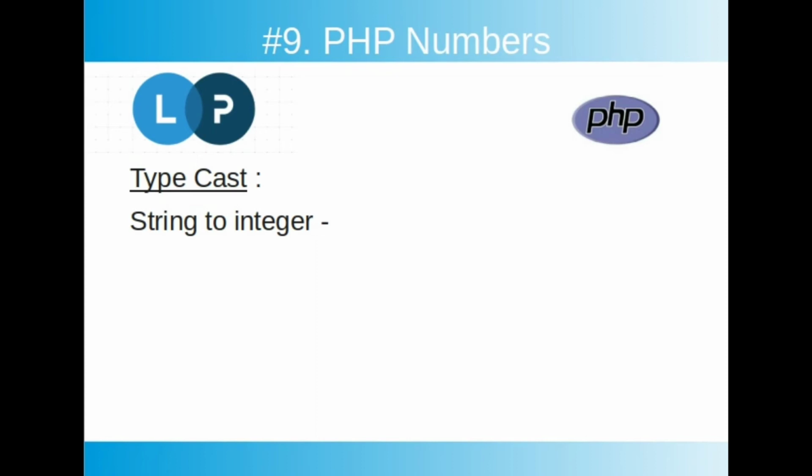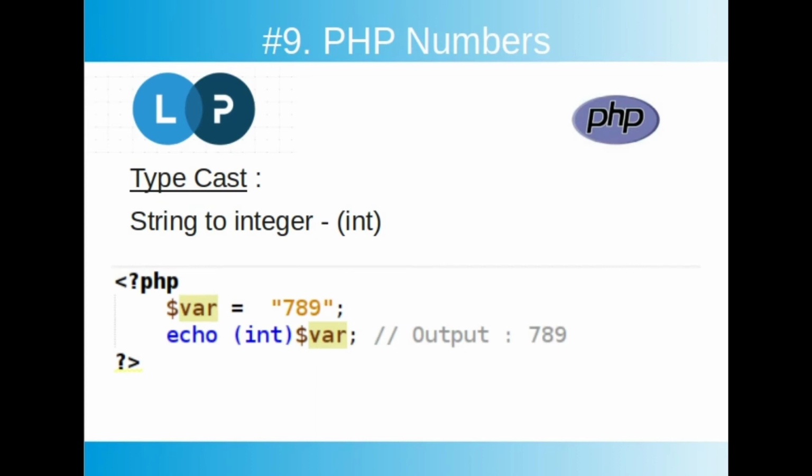In this example we can see $var equal to '789'. Anything in a variable, if we declare it within single or double quotation marks, will be treated as a string.